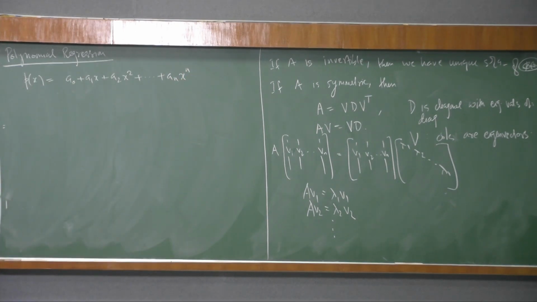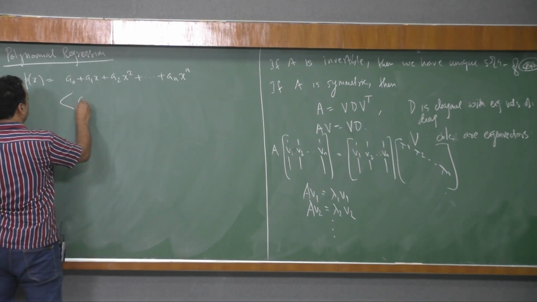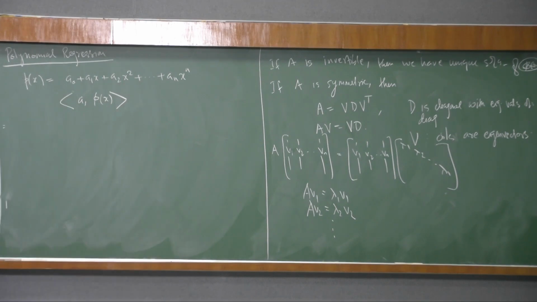As you can see, the difference here is that in place of w1, w2, and so on, the components, now we have a0, a1, and so on. So this can be written in the form A times phi of x.